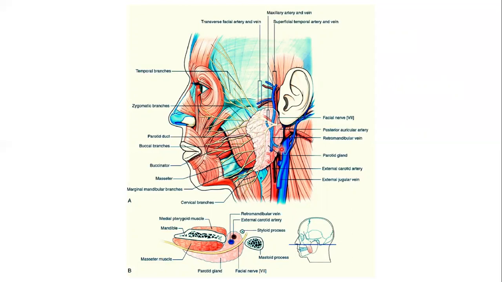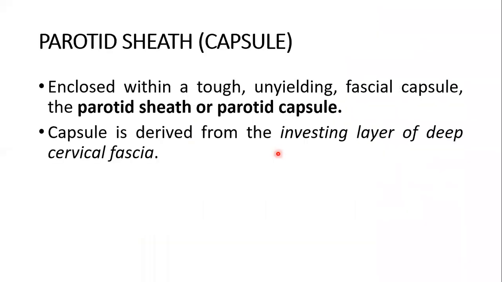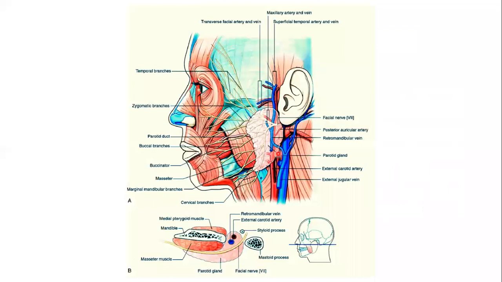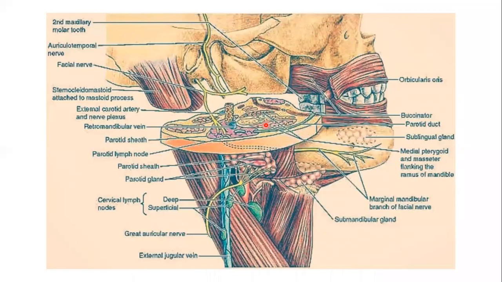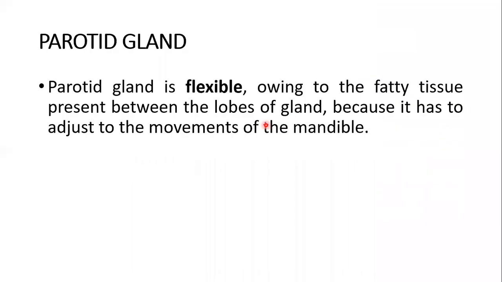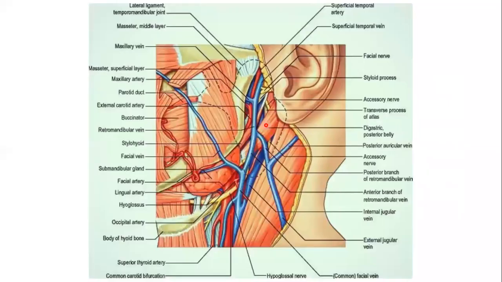And at this point, about the apex, I told you it divides into the external carotid artery. I will resort to another picture which I showed you previously. So this was the retromandibular vein.